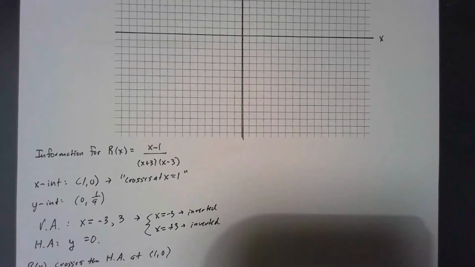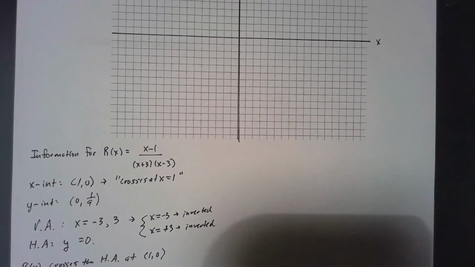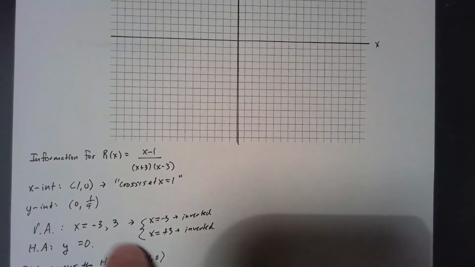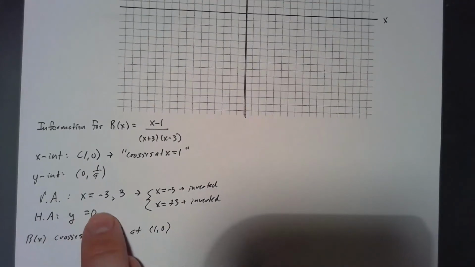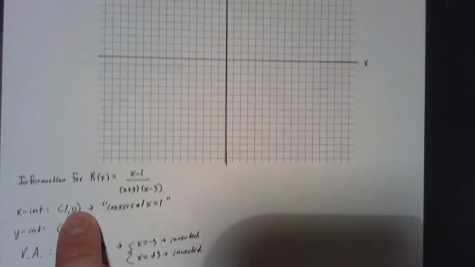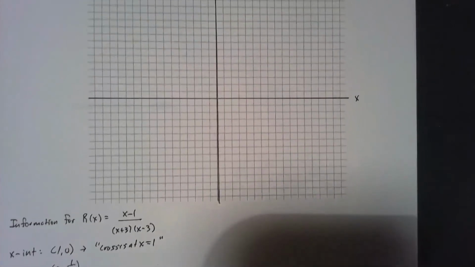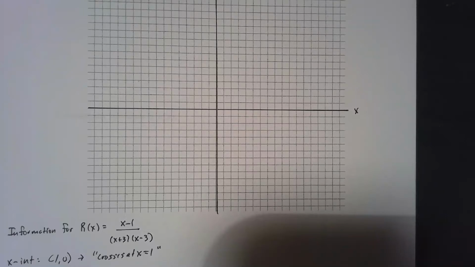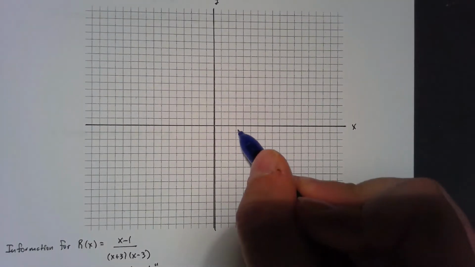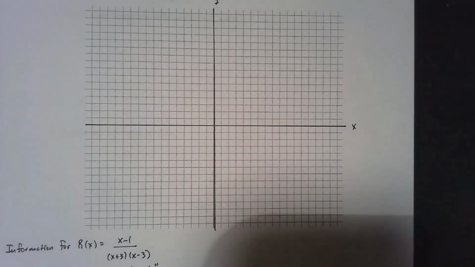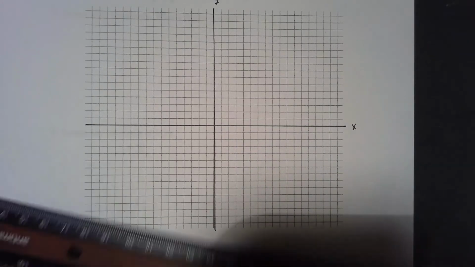So let me carefully label these intercepts, and then the asymptotes first. Okay, so the x-intercept is 1, 0. So I'll put the value of 1.